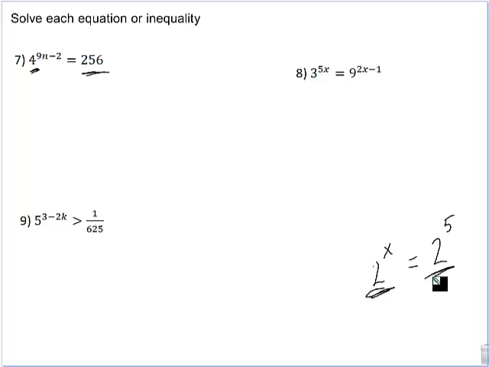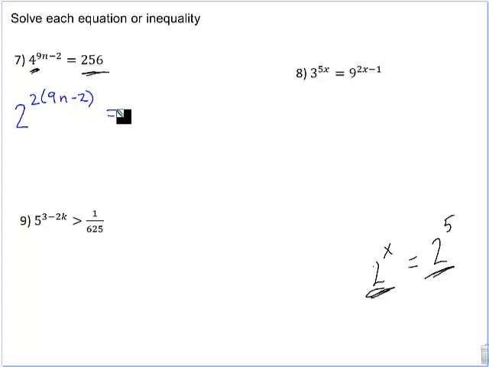So here we have 4 and we have 256, and you want to decide what base number you could use. 4 is what? 2 squared. So we're going to rewrite 4 as 2 squared, and then we would still have 9n minus 2, equals 256. 2 to what power?